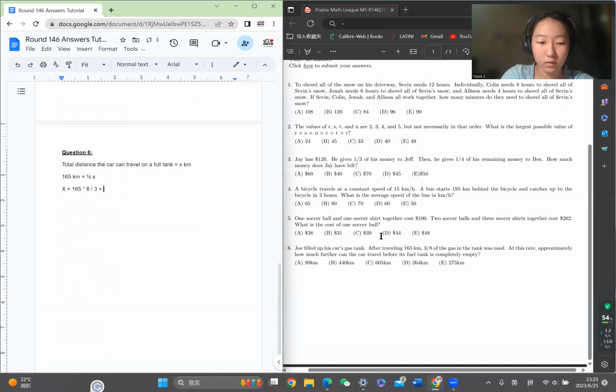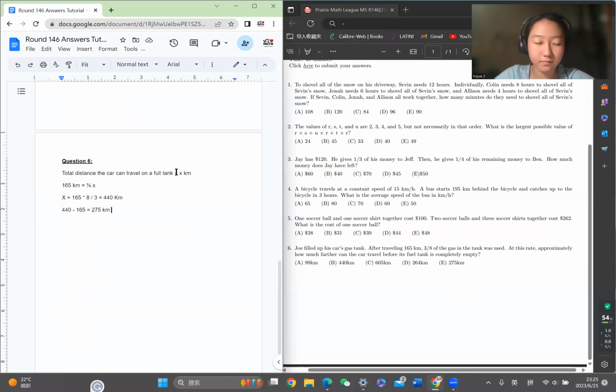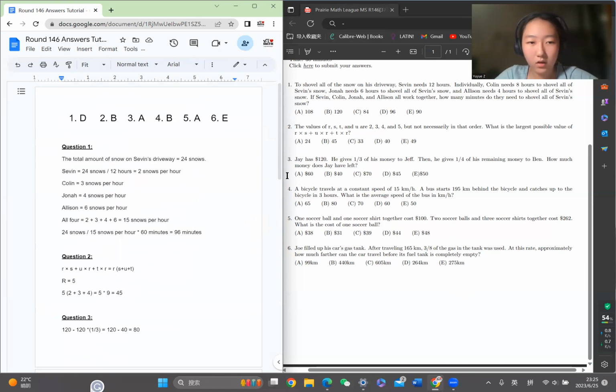X equals 440. However, we're not solving for X. We're solving for how much further it can travel. So 440 minus 165 equals 275 kilometers. So the solution to question number 6 is E, 275 kilometers.